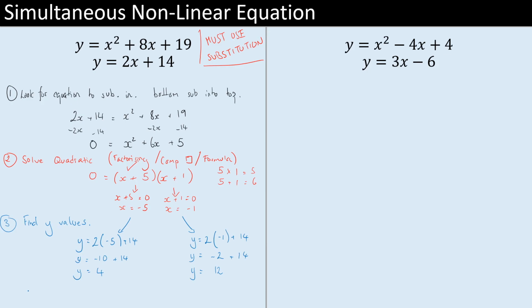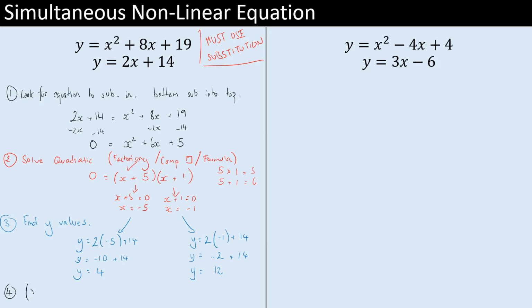Okay. Now, something which I would do with these, which I might not necessarily do, but can do with normal simultaneous equations, is I would write these answers in a pair, or even as a coordinate.